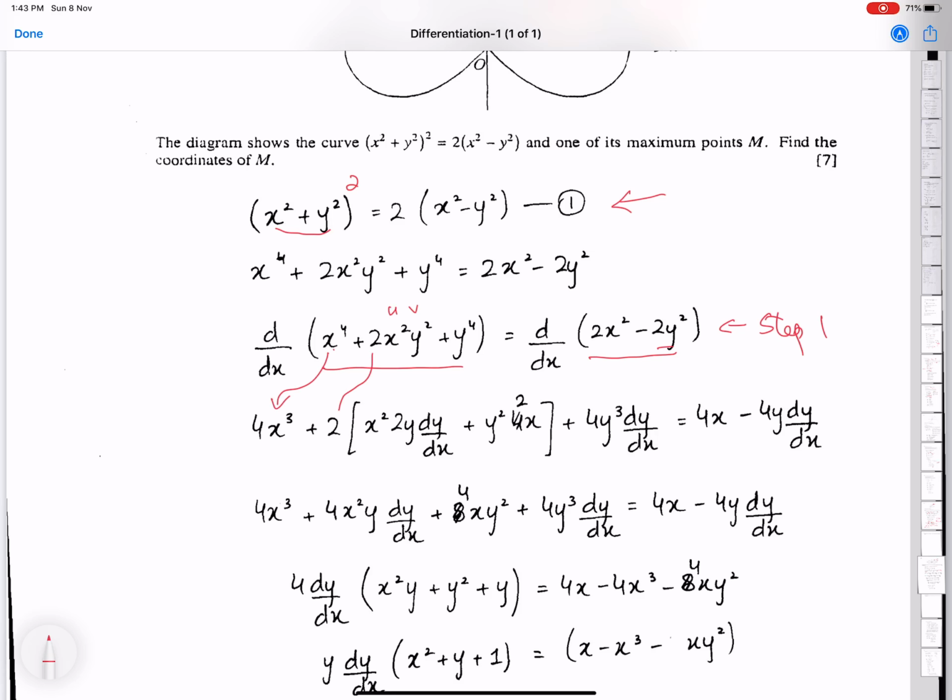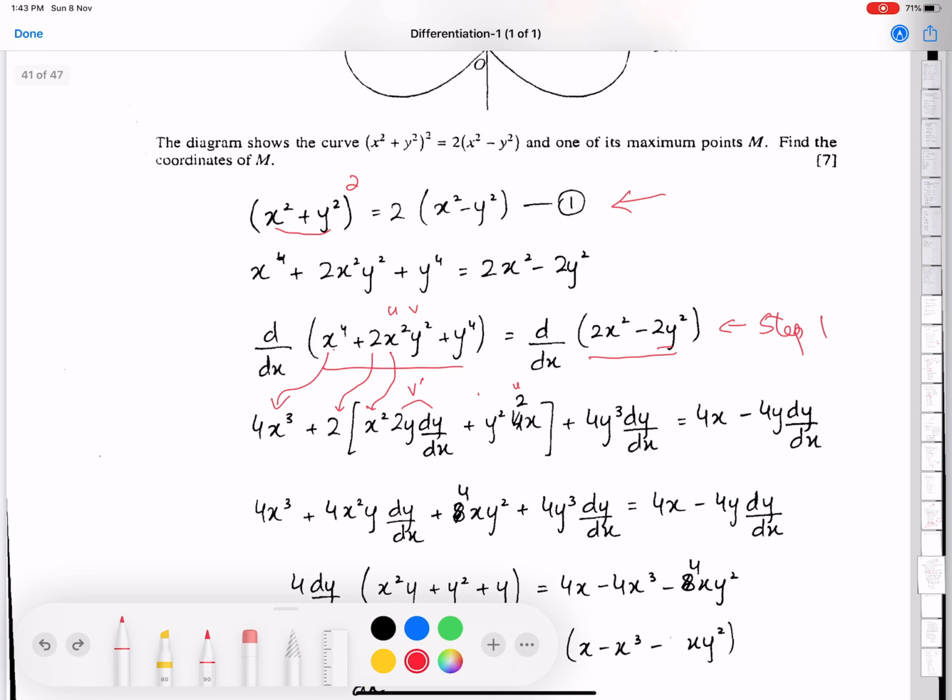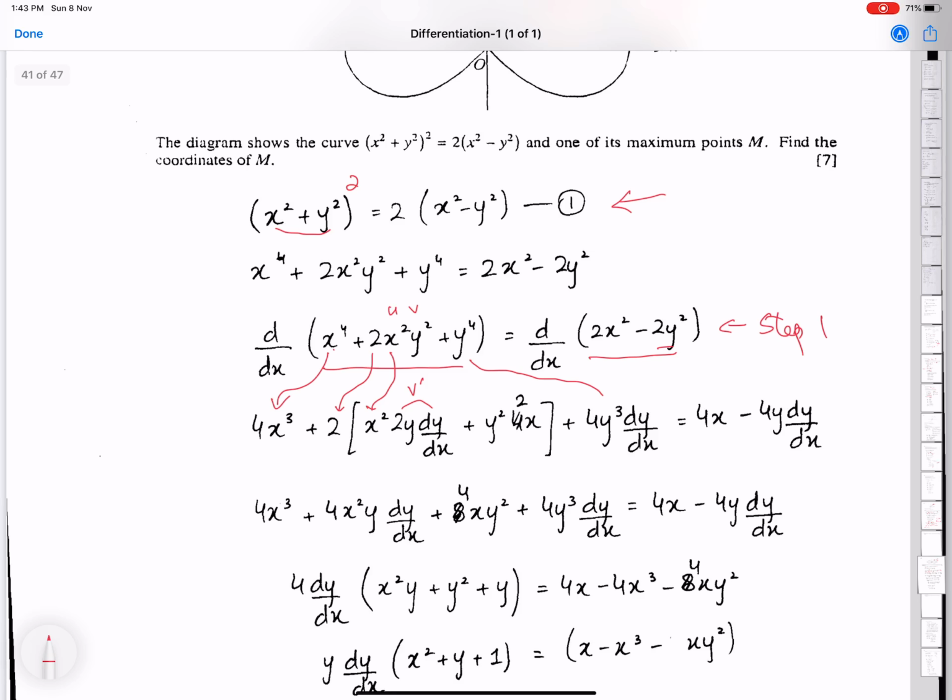You can write this 2 outside the bracket to make the differentiation by product rule simple. So this is u, whereas this is v prime. This is u prime. And this is also implicit, so make sure you multiply 4y cube with dy upon dx. This is also implicit, so multiply minus 2y square by dy upon dx.